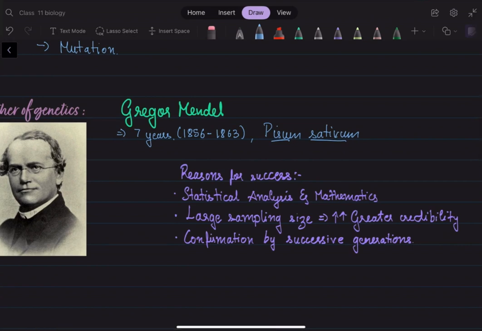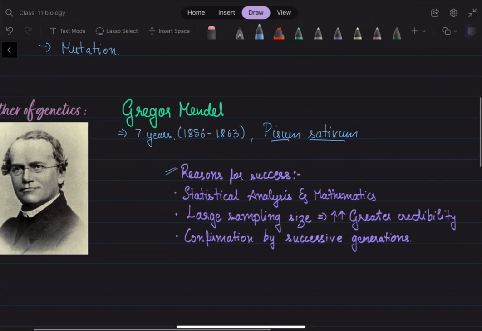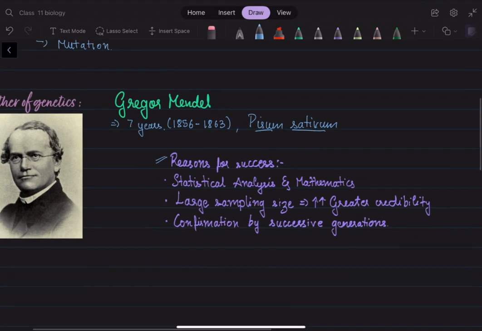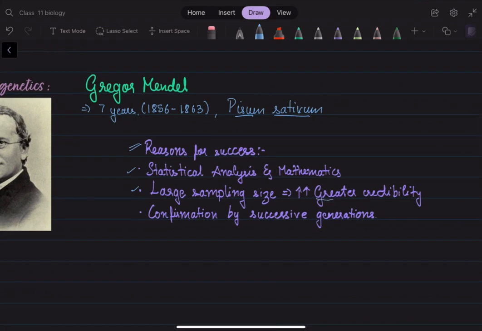So, what were the reasons for his success? So, let us see. First, he used statistics and maths to work out his findings. And also, he used a large sampling size so that he can get a greater credibility. So, as it's large, it can be applied to a population too.